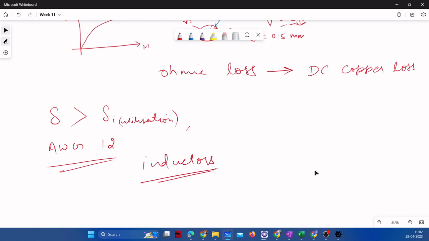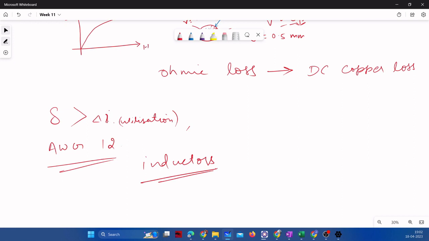We have to understand that when current flows on the surface, that depth should be larger than the penetration of the AC current, the delta I. The DC current of the inductor, that average current, will mainly flow through the core of the cross section.